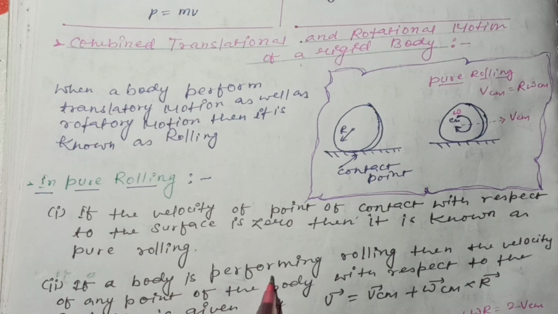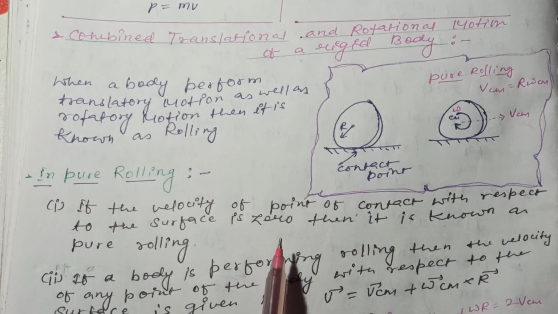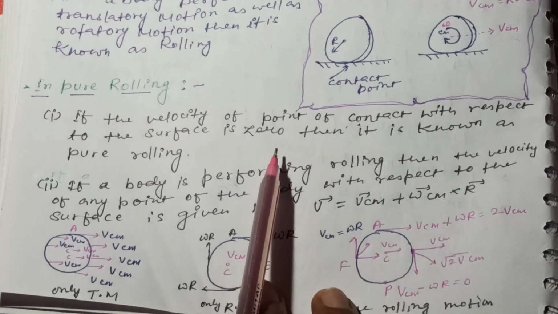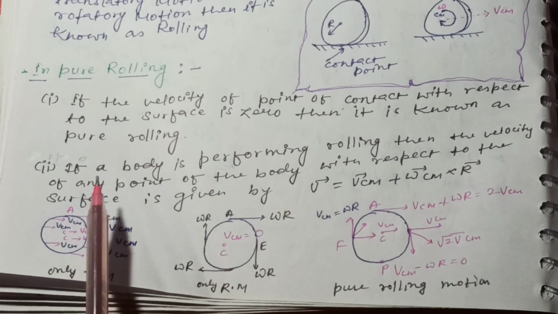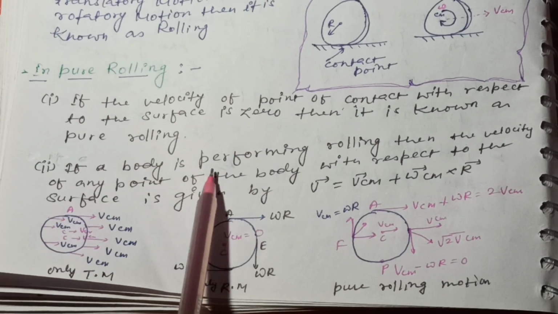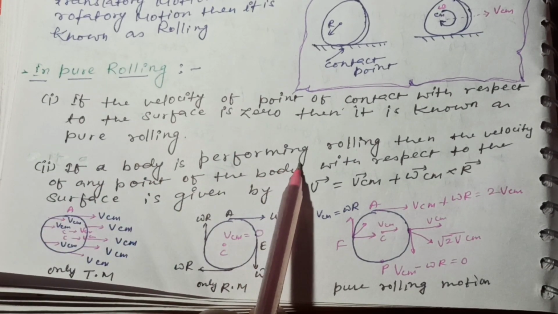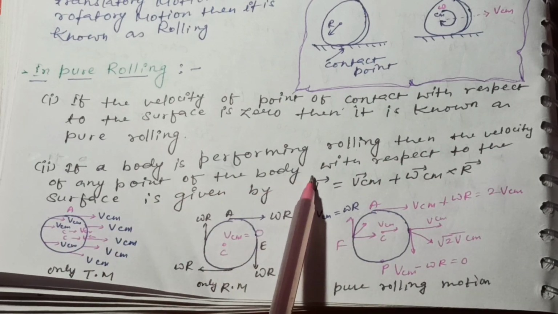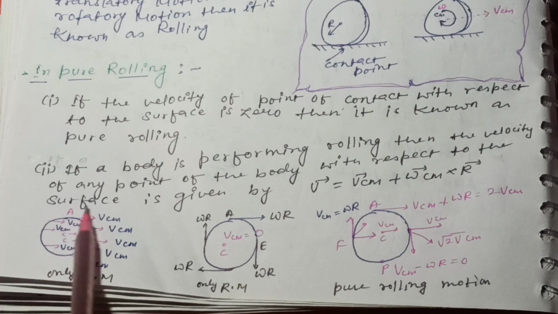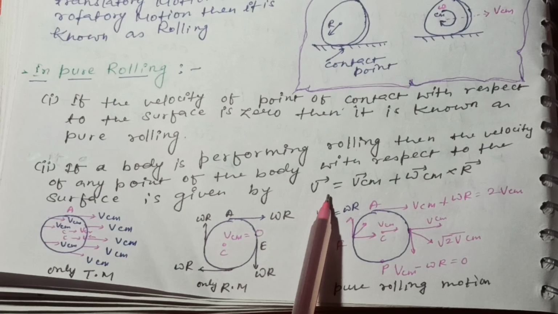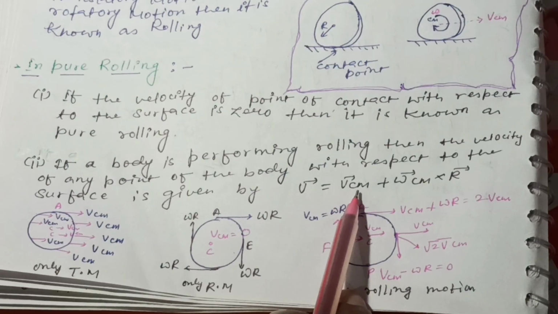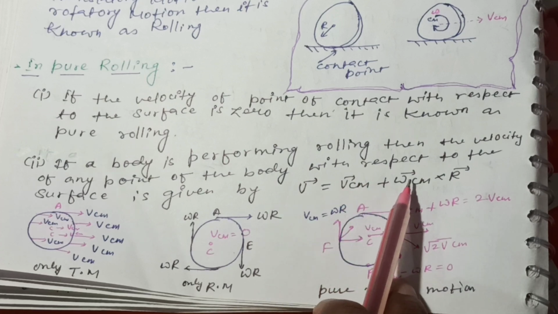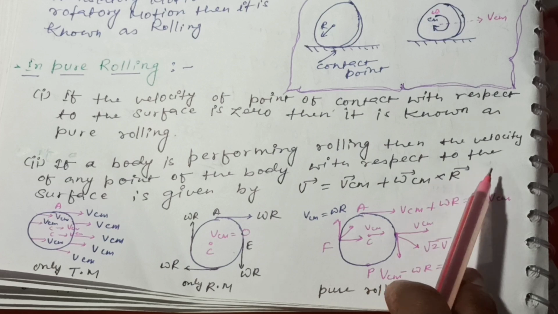If a body is performing rolling, then the velocity of any point of the body with respect to the surface is given by v vector is equal to v vector center of mass plus omega vector into r vector.